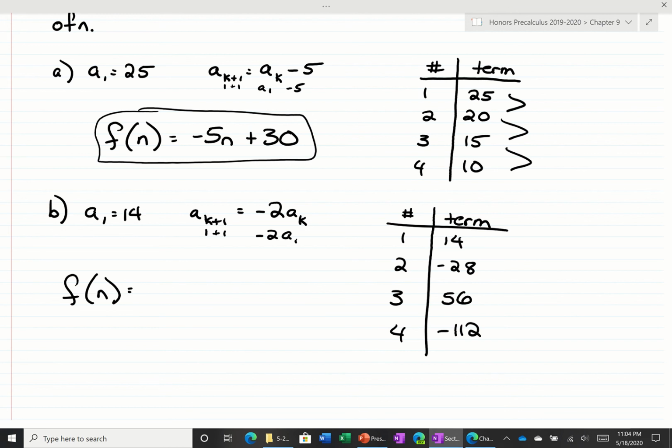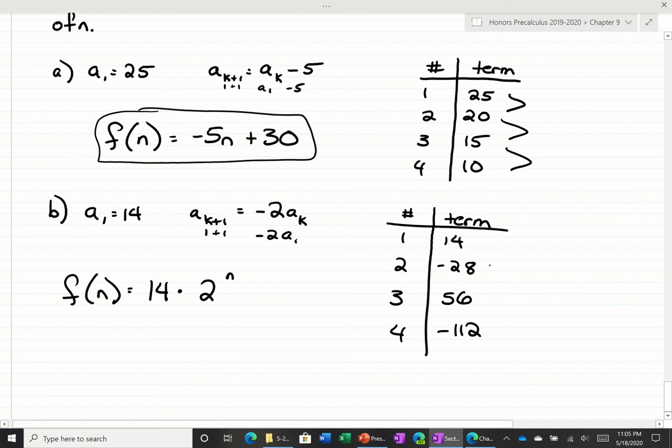But we are doubling, right? So it's doubling. So generally when we're doubling something, we're multiplying it by 2, or we could even do like 2 to a power. That gives us a doubling effect. Now if we're starting at 14, and it was 2 to the n power, the first term would be 14 times 2 to the first would be 28, right?